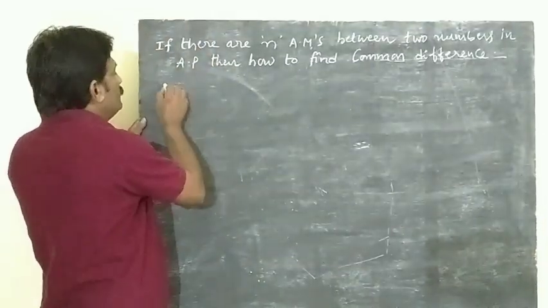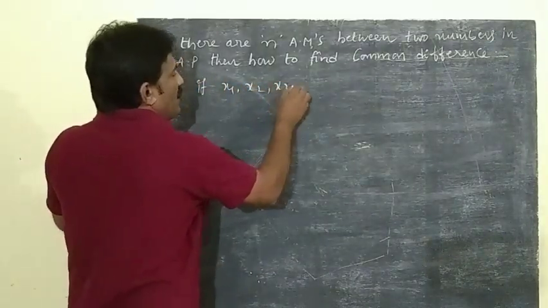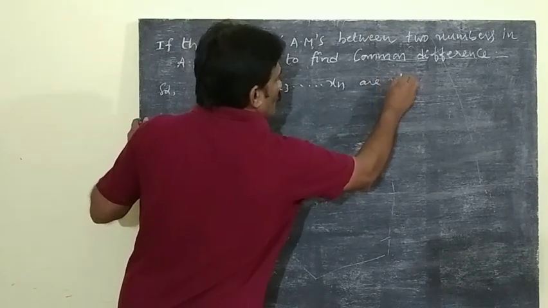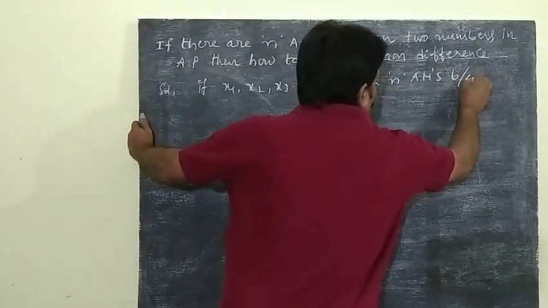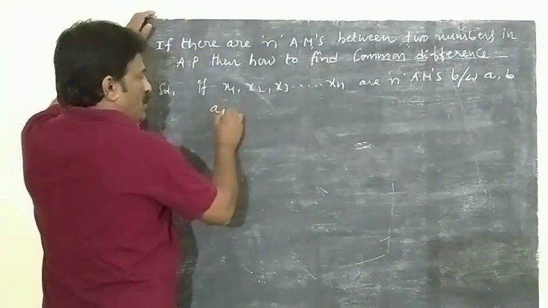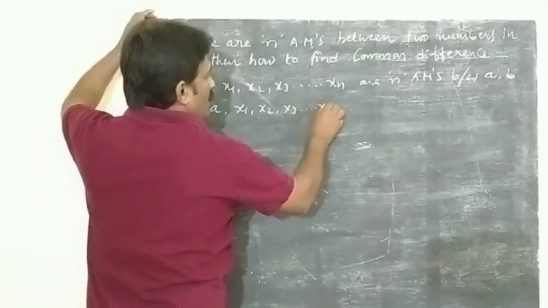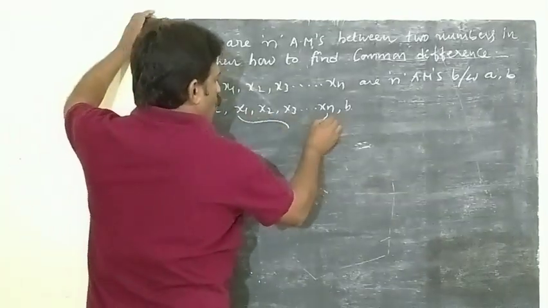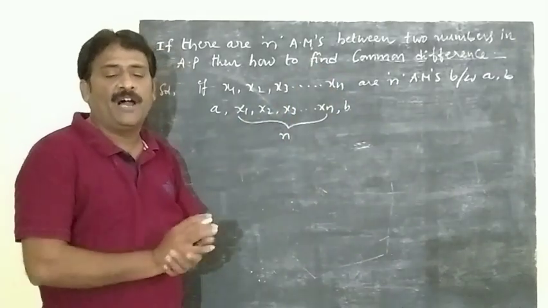For example, if x1, x2, x3 and so on, xn are n AMs between the numbers A and B, then we have A, x1, x2, x3 and so on, xn and B. These are n AMs between A and B, the given two numbers.